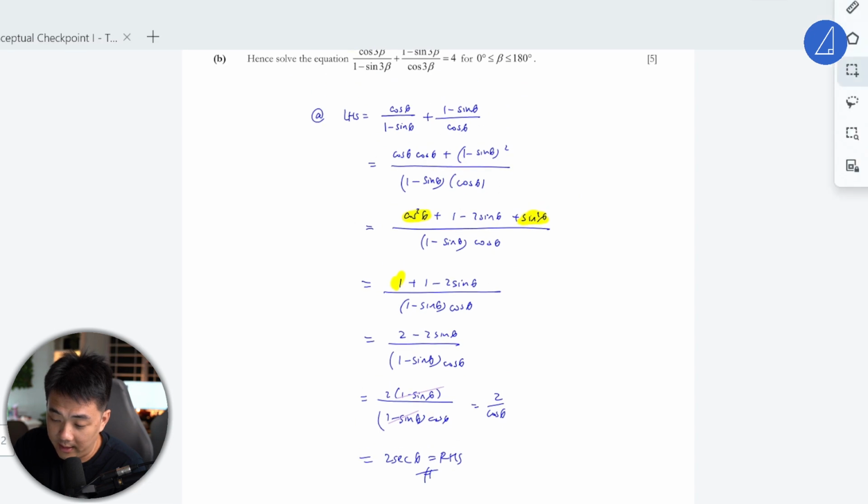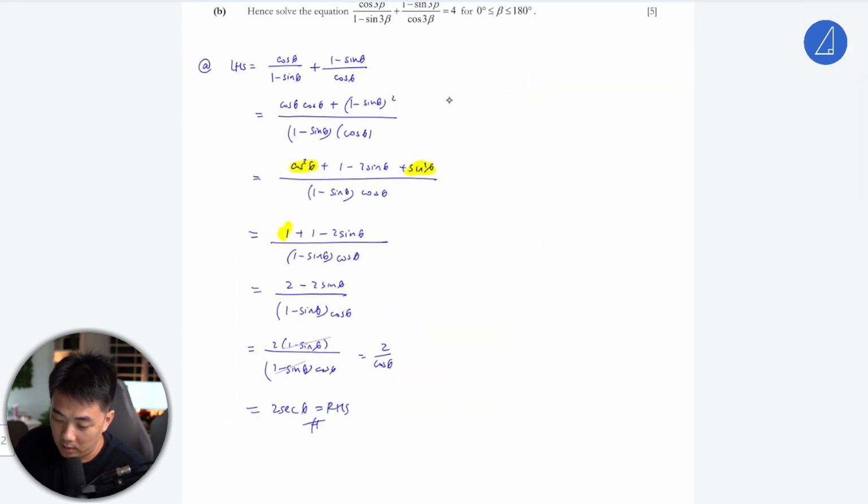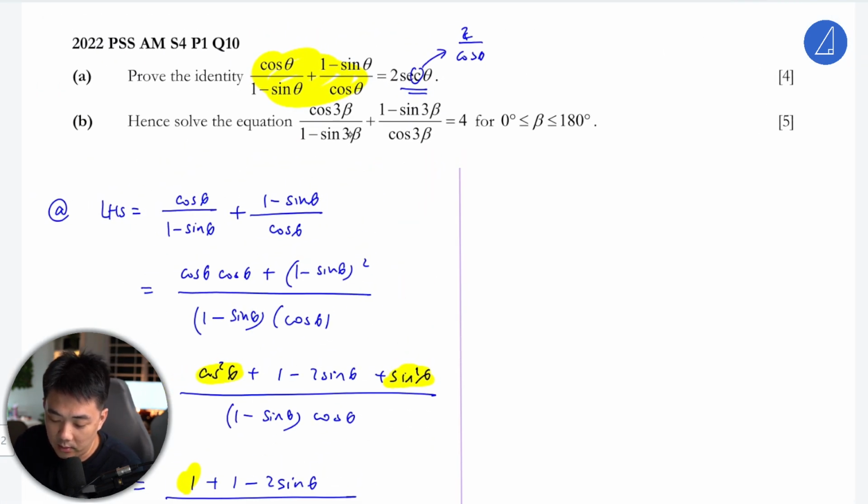So let's look at the second part, which is to solve a trigo equation. Even if you can't do the first part, you can actually just do the second part. You can see that you substitute theta as 3 beta.